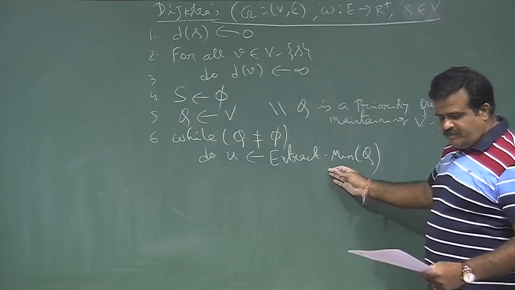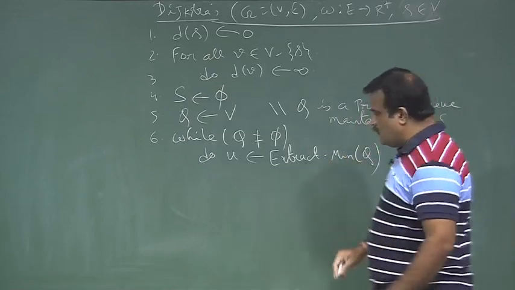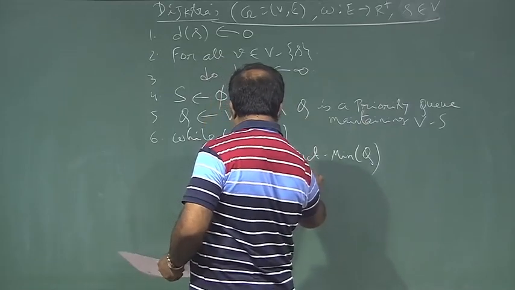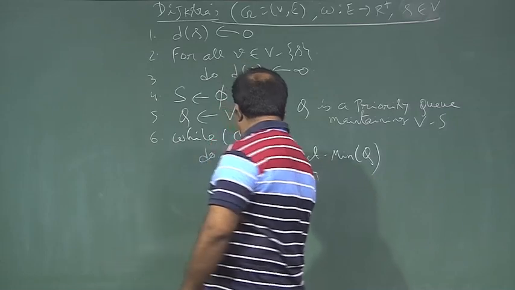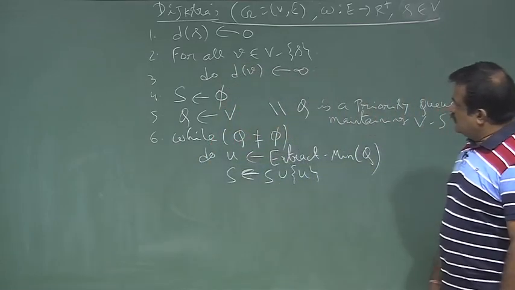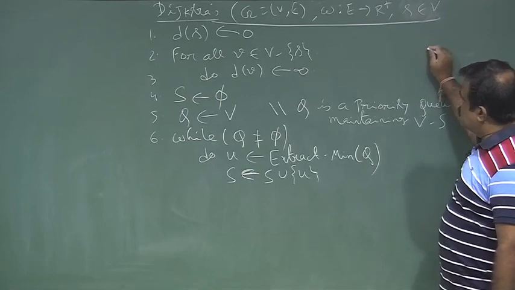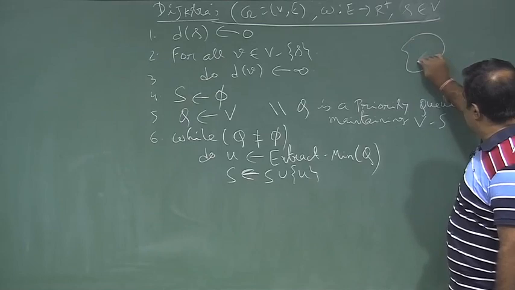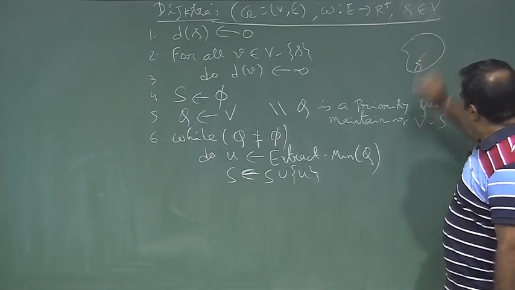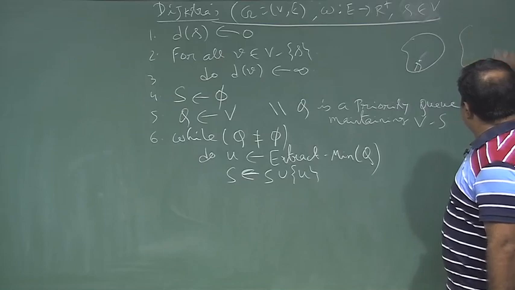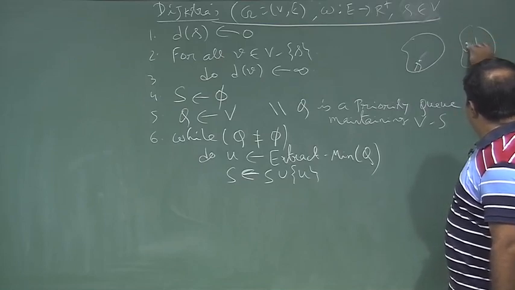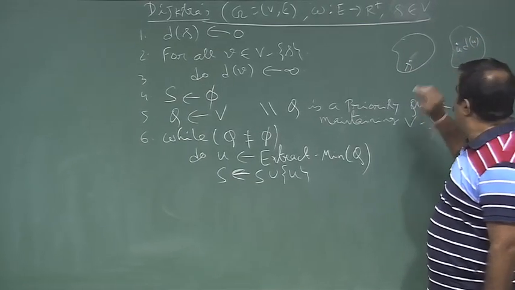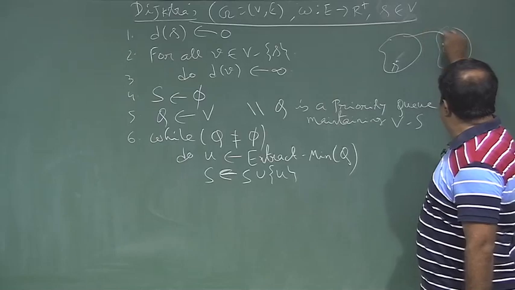Extracting the minimum means we are deleting it from the queue and adding it to S. This U is added to S. Initially S is in this set. Then we capture a vertex U, which has the minimum distance estimate, and we capture this in S.